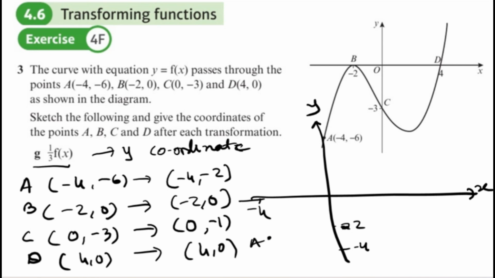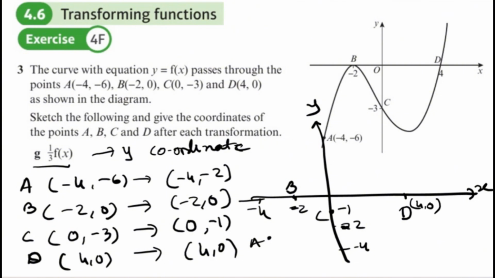So my point A is transformed here. The minus 2, 0 point will stay the same, so this is my B point. The C point becomes 0, minus 1. So x is 0 and y becomes minus 1. So your C point will be here and your D point will stay the same, which is the 4, 0 point, right?